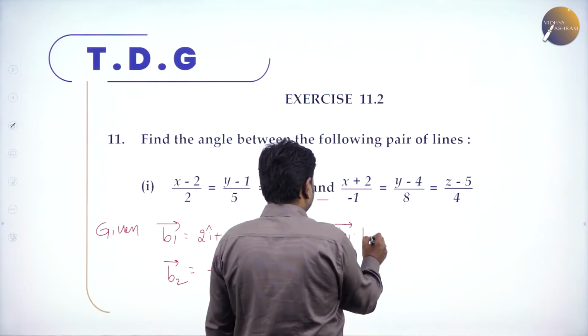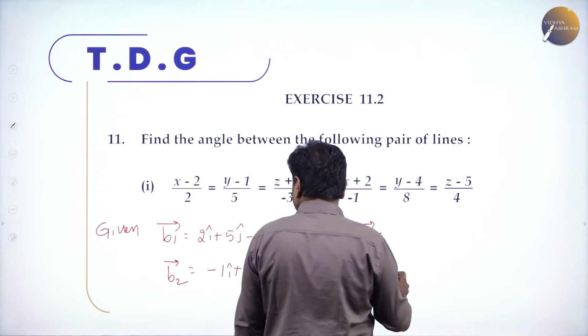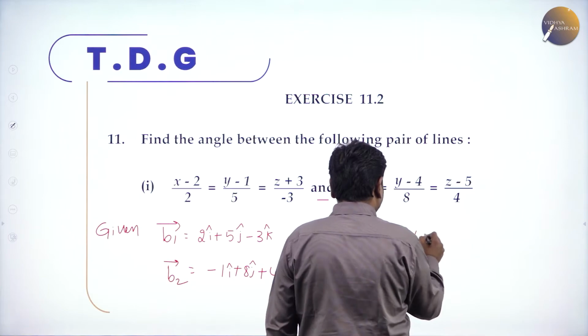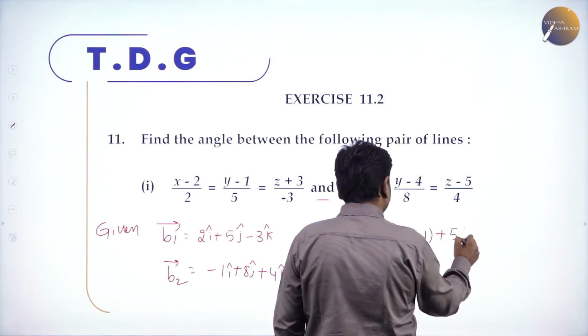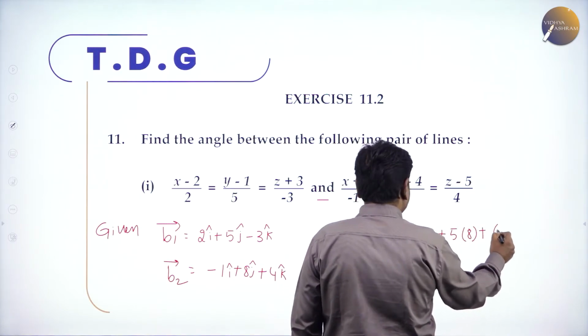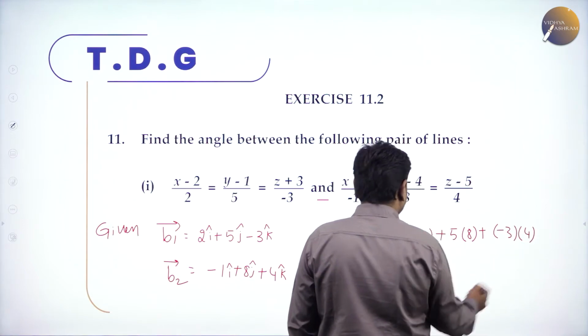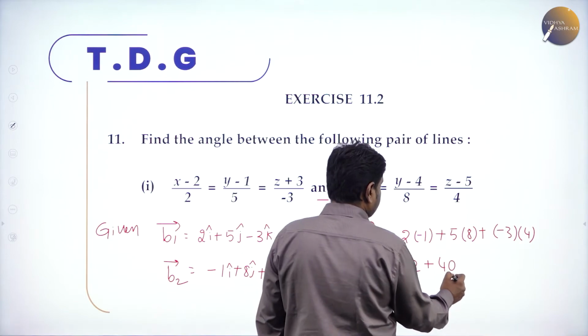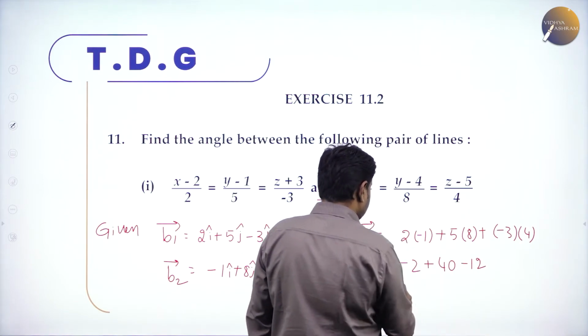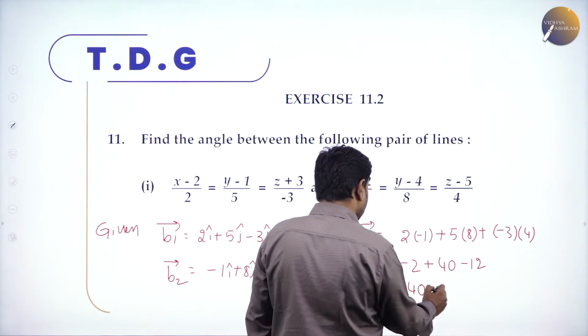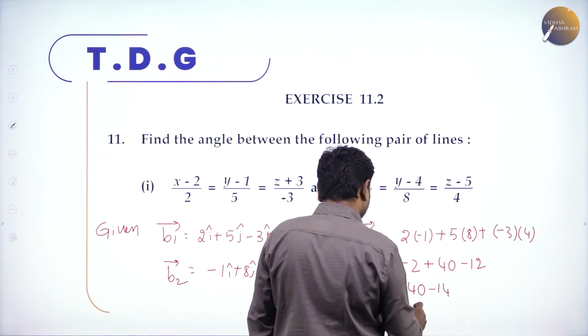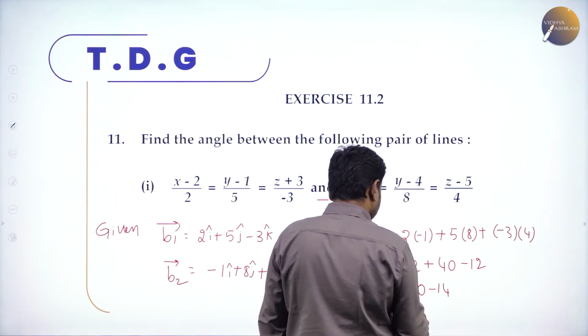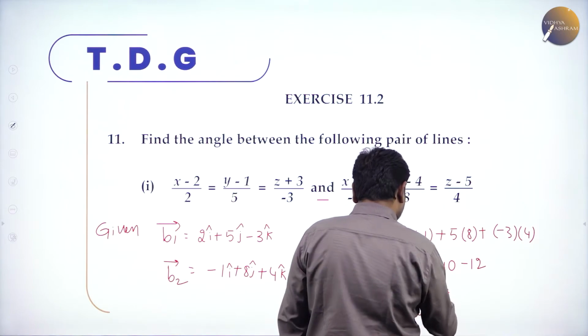If you do the dot product, 2 into minus 1 plus 5 into 8 plus minus 3 into 4. Now minus 2 plus 40 minus 12. That is 40 minus 14, that is 26.